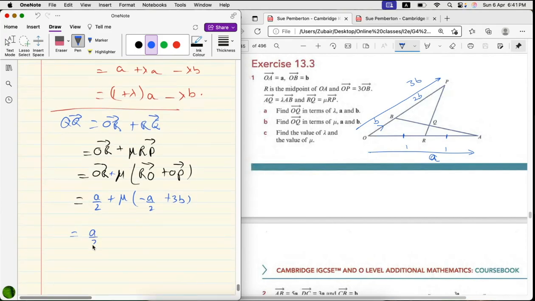So this is A by 2 minus mu by 2 A plus 3 mu times B. Taking A common, it is 1 by 2 minus mu by 2 into A plus 3 mu B.